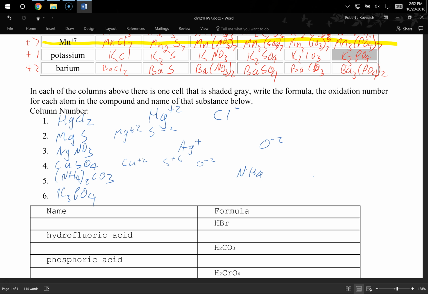I've got this NH4 with a plus charge, and I got this CO3 with a -2 charge. And so when I'm looking at this thing right here, I've got a hydrogen with a plus charge and a nitrogen with a -3 charge. And then with my carbonate, I've got oxygens with a -2 charge, and then this carbon must have a +4 charge. And then I can put those things together.